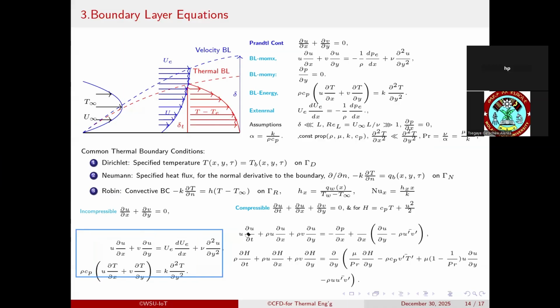Now you can note the principal boundary layer equations on the right hand side require far less effort than full Navier-Stokes simulation, maintaining the boundary layer concept, delta much less than L by definition.